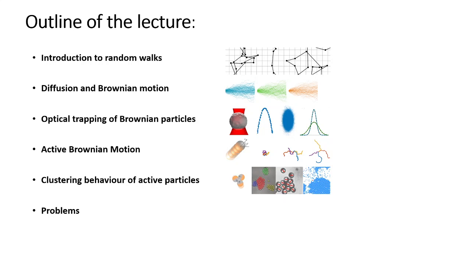Then we will move on to active Brownian motion and see how we simulate that. And then we are going to observe some clustering behaviors of active particles using the numerical methods that we have learned. And at the end, I will introduce some problems that you can work further on to develop your learnings in this course.